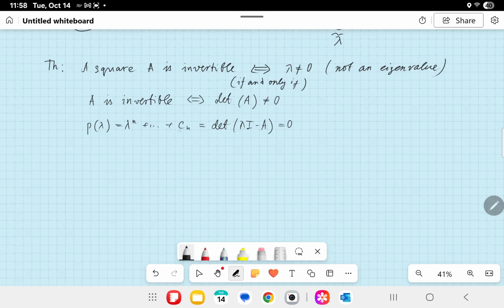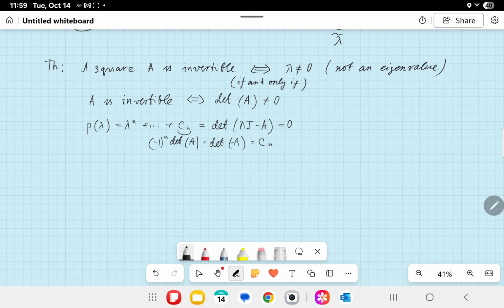We do know that cn actually equals the determinant of minus A, right? And this determinant is also minus 1 to the power of n times the determinant of A. So we know that cn is, up to that sign, the determinant of A.